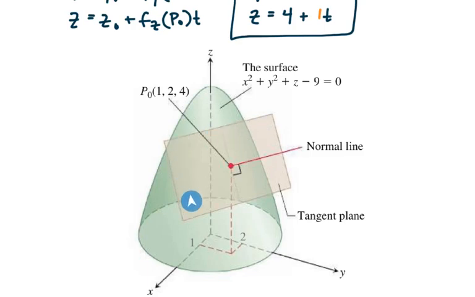The tangent plane looks like this sheet of paper, and then the normal line extends out from that plane, and the normal line is perpendicular to the surface at that point. All right, so that's how we find a tangent plane to a surface, as well as the normal line to the surface at a specific point.